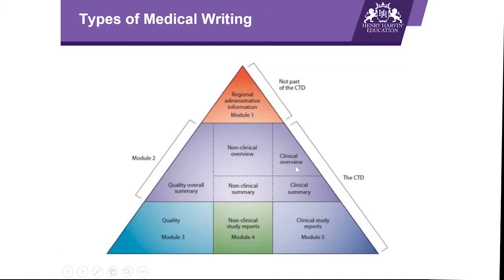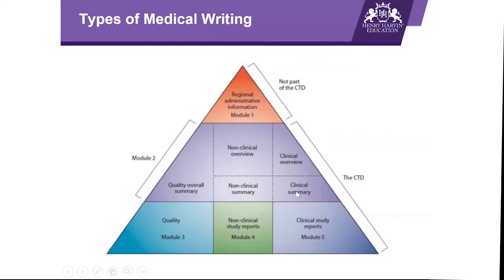Then these two boxes, written as clinical overview and clinical summary. Here also a writer is involved in drafting these. What the writer does is combine data across all the phases of the studies and write an overview and then a summary.